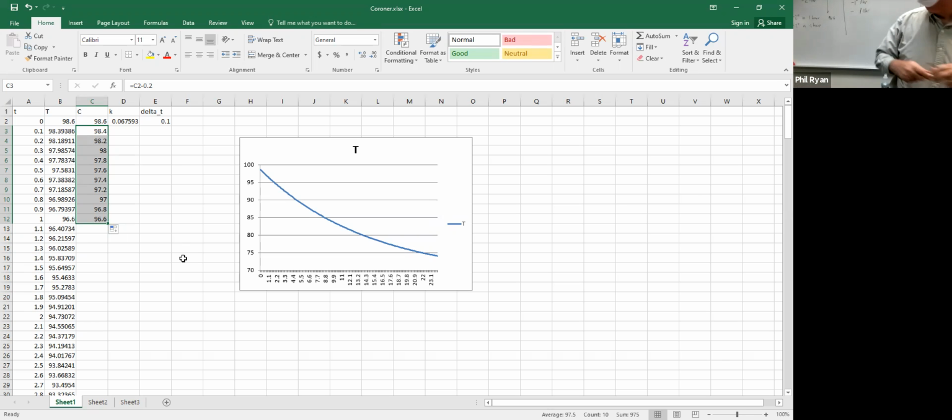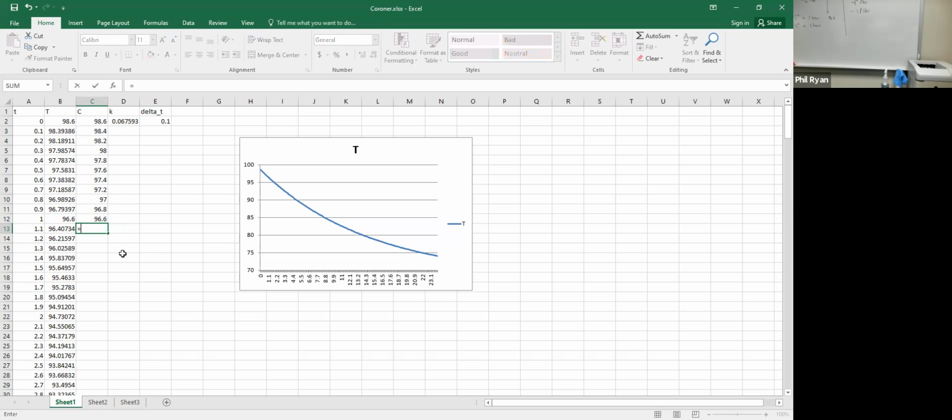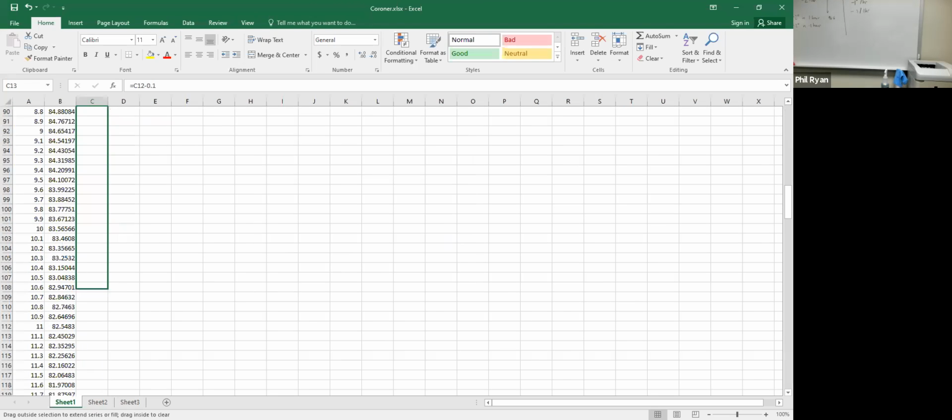And so we just do the same thing. So we go to cell C13, which corresponds to 1.1, and we write equals C12, because that's the previous hour, and now we're just going to subtract 0.1. And then we copy and paste all the way down to the bottom.